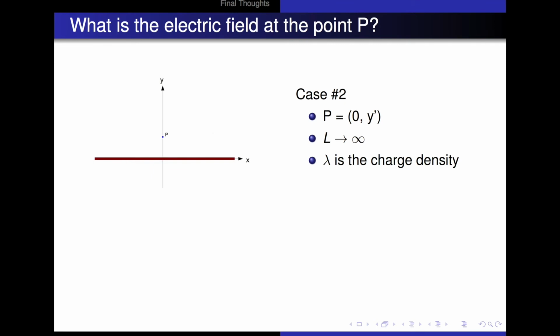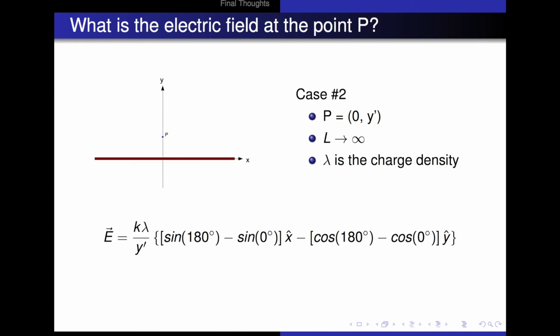On the other hand, let's look at another case. This time we're at the point (0, y prime), but L is approaching infinity, meaning I have an infinitely long line of charge. Lambda is the charge density of the bar. So once again, E is equal to k lambda over y prime. This time alpha 2 is actually 180 degrees.